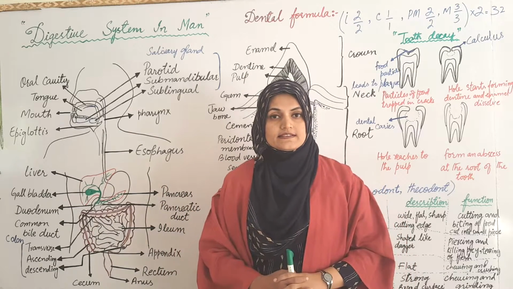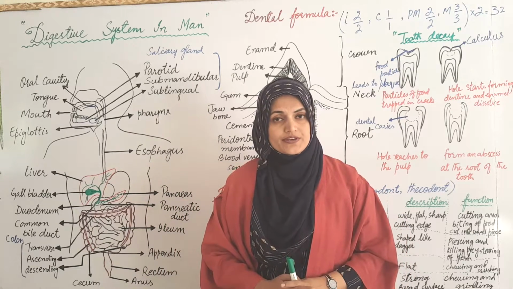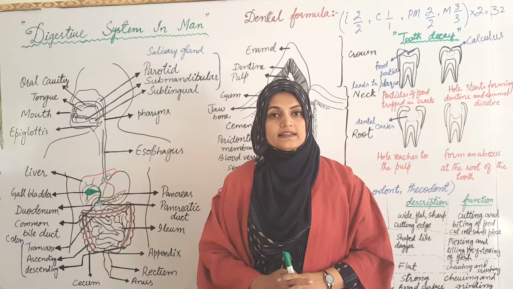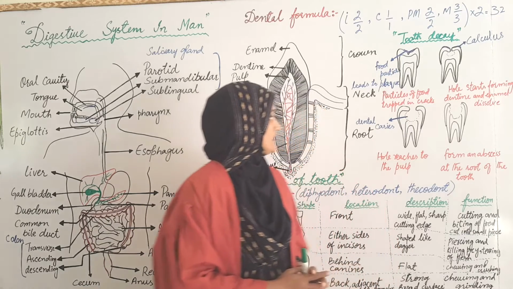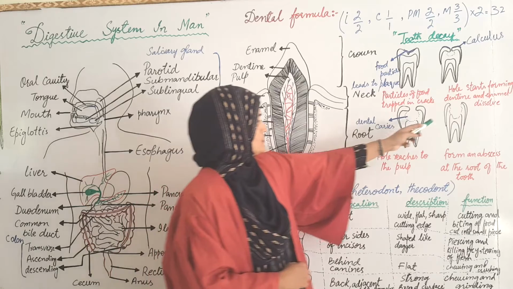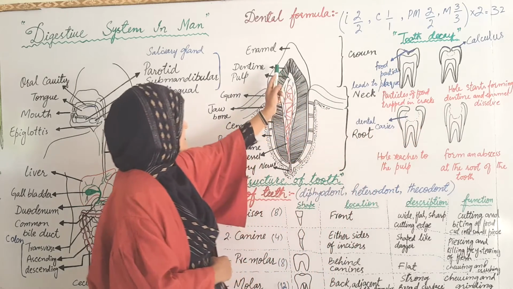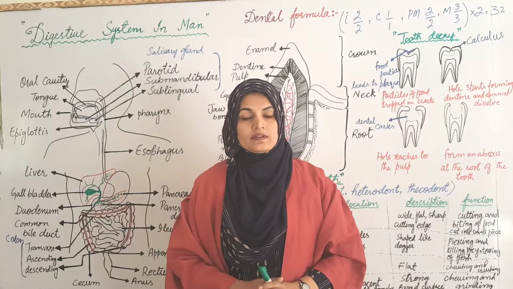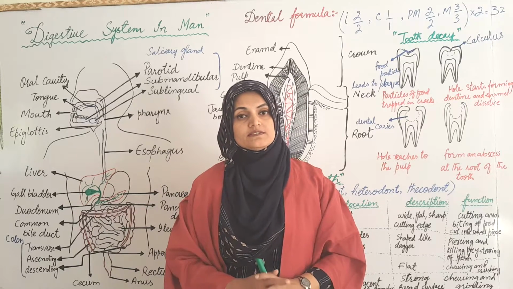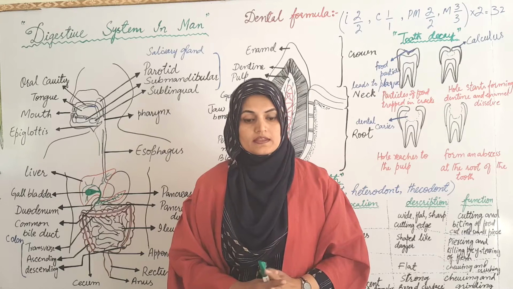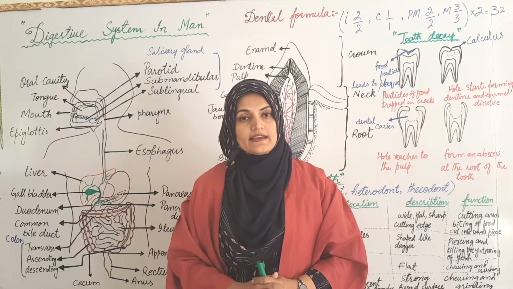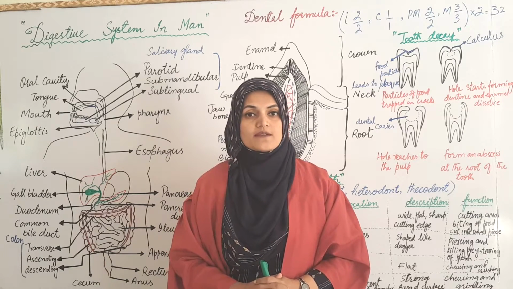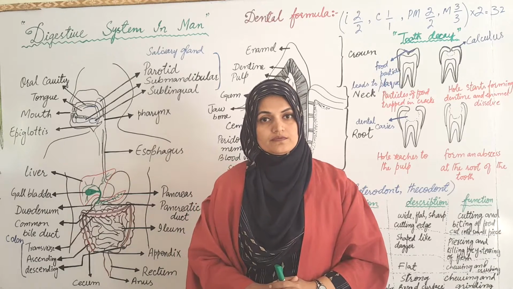This dental caries, if not treated early, then reaches the dentine and pulp region, where the patient suffers with dental ache as well as the tooth decays or falls off.